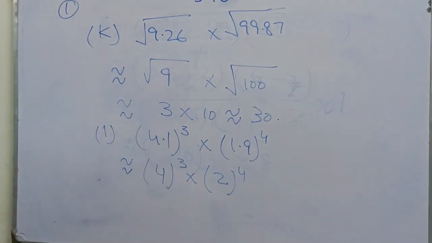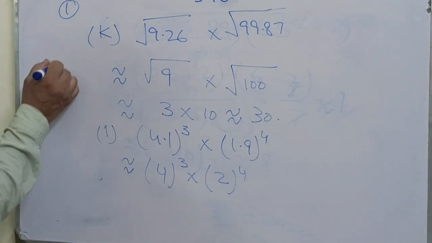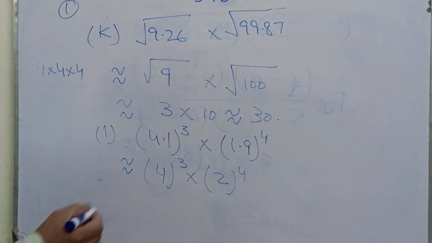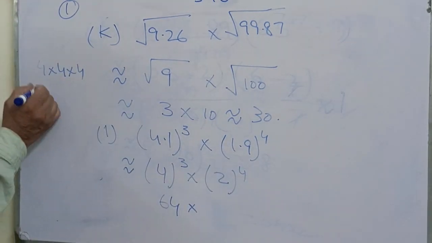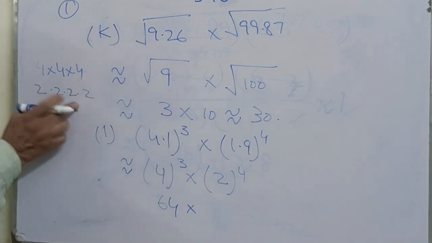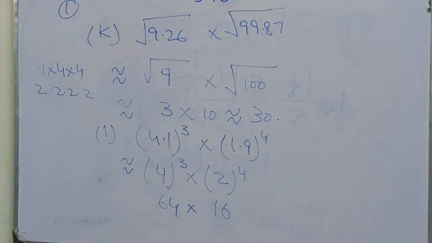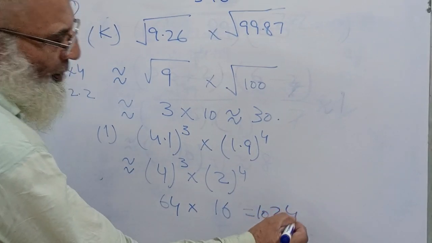Now it will become 4 cube. 4 cube is 4 multiplied by 4 multiplied by 4. 4 fours are 16, 16 fours are 64. 64 multiplied by 2 to the power 4, that is 16. So it will become 64 multiplied by 16. It will become 1024.